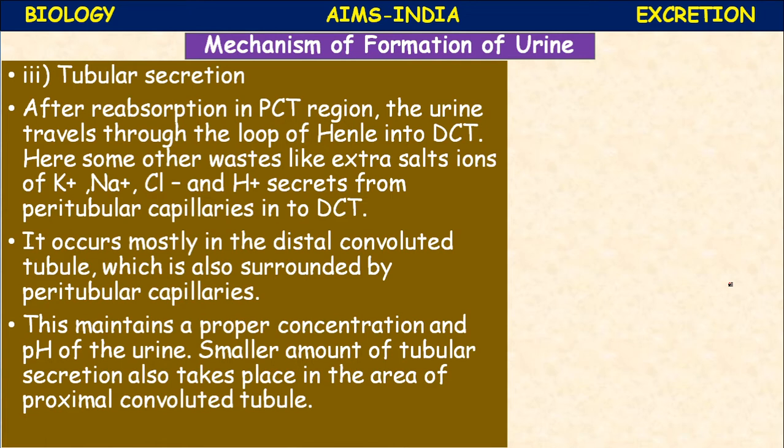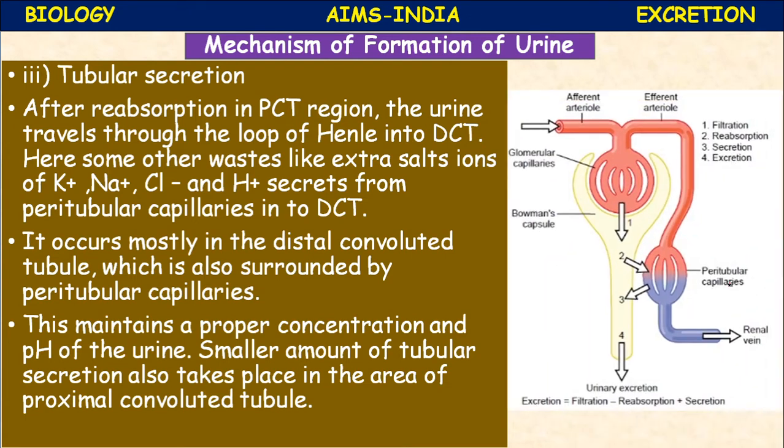A smaller amount of tubular secretion also takes place in the area of the proximal convoluted tubule. In the previous diagram itself we have come across what happens in tubular secretion. Actually this tubular secretion is an active secretion of waste products by blood capillaries into the urinary tubule.